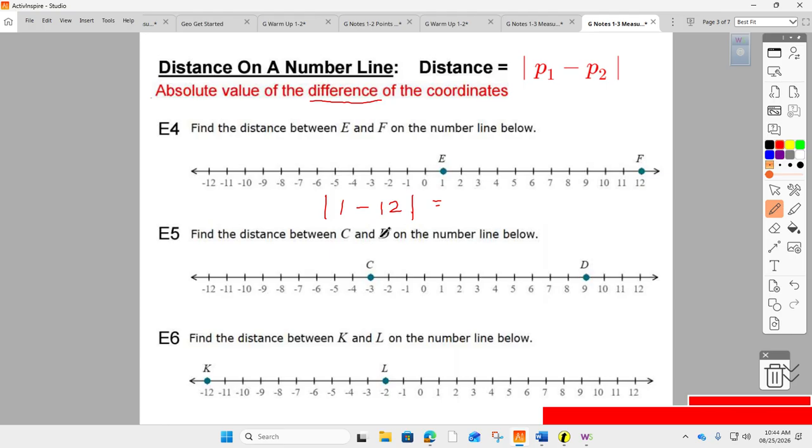So once I use my calculator, I'm going to find that the distance is the absolute value of negative 11, and that means we tell them how far is negative 11 from 0, where it's always going to be a positive number. Whether that's the absolute value of negative 11 or the absolute value of positive 11, they're both 11 units from 0. So that would be the distance on the number line.